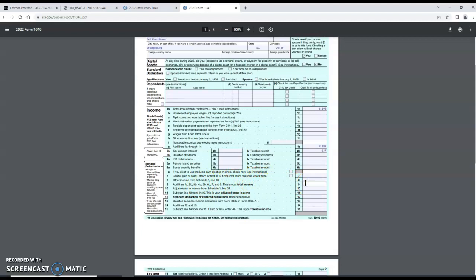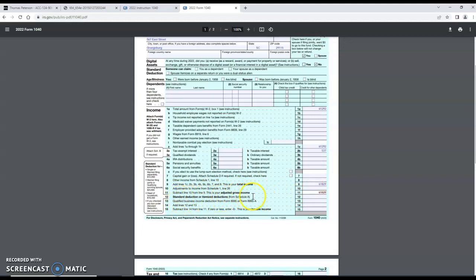So we're going to add $61,292 plus the $537, and that's $61,829. Line 10 is adjustments. He doesn't have any. So line 11, we have to subtract 10 from 9, so that's still $61,829.